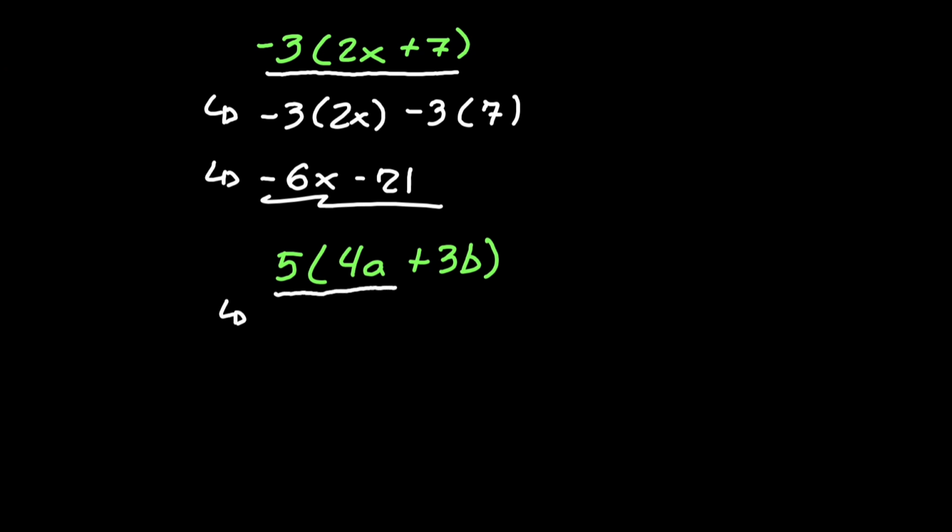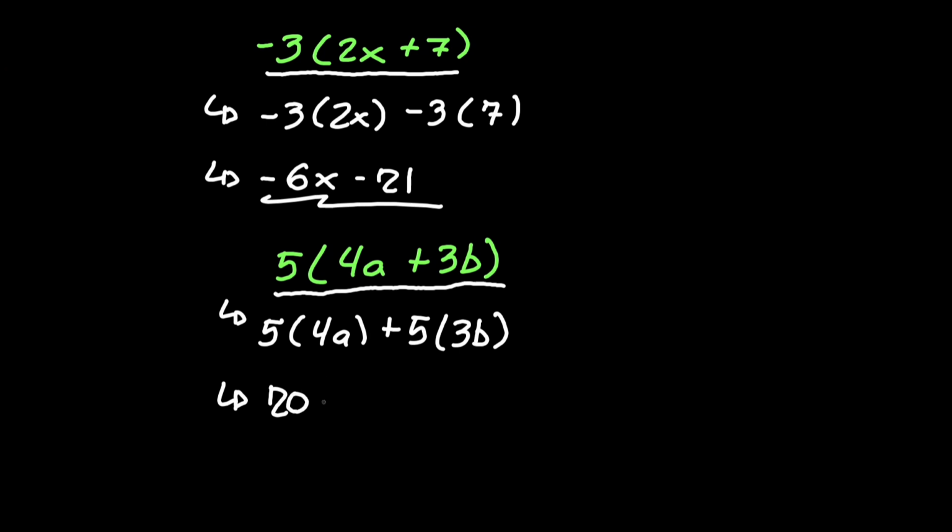Next, 5 multiplied by 4a plus 3b. It would be 5 multiplied by 4a plus 5 multiplied by 3b. Final answer: 5 times 4 would be 20, and multiplied by a, it would be 20a, plus 5 times 3b would be 15b.